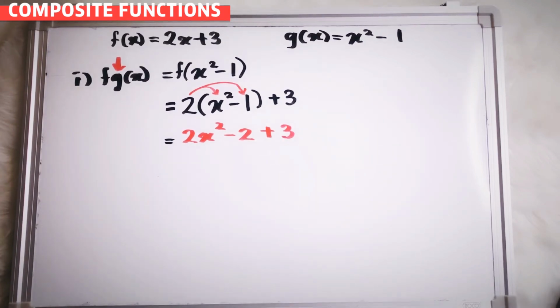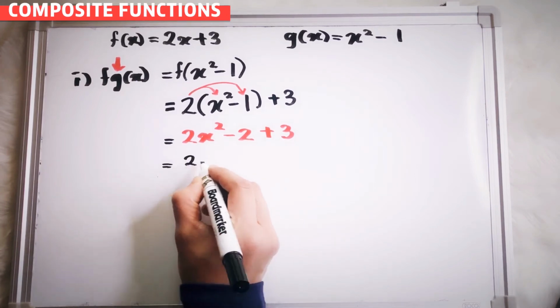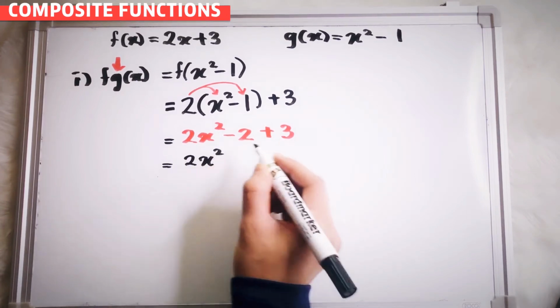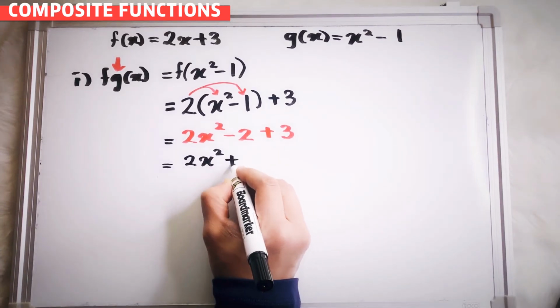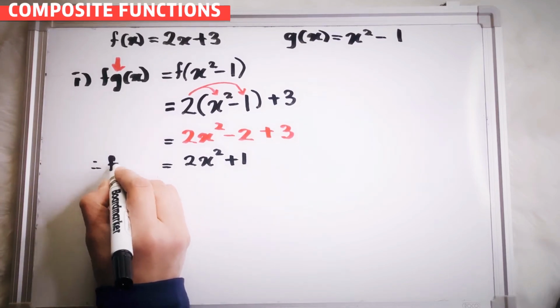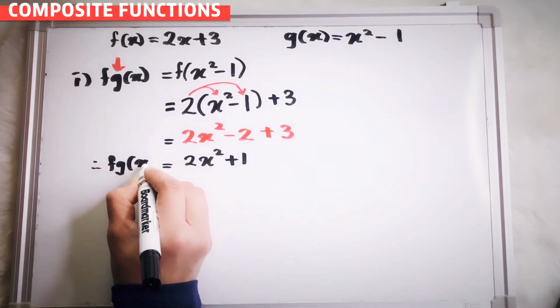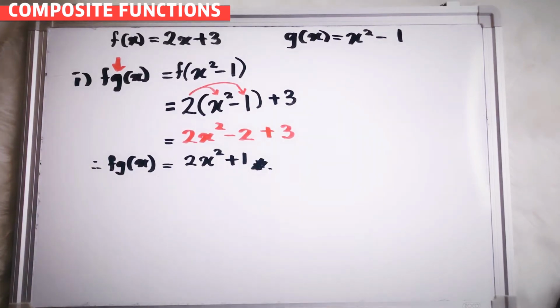So 2x squared, negative 2 plus 3 is positive 1. Therefore your f(g(x)) is 2x squared plus 1.